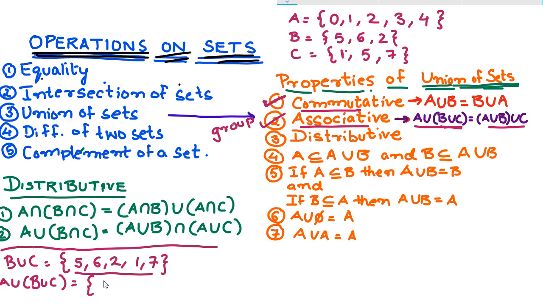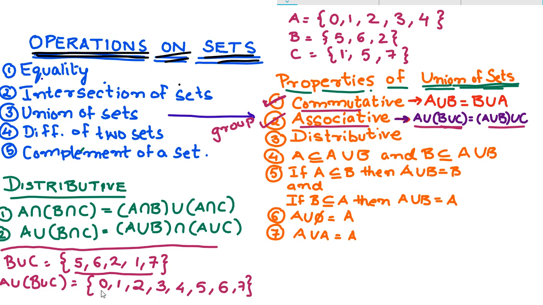So we have 0. 1 is a common element, so we'll write 1 only once, and we have 2, 3, 4, 5, 6, and 7.